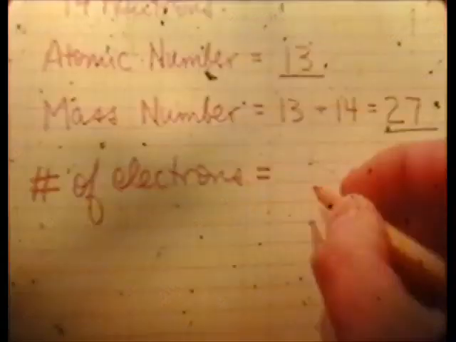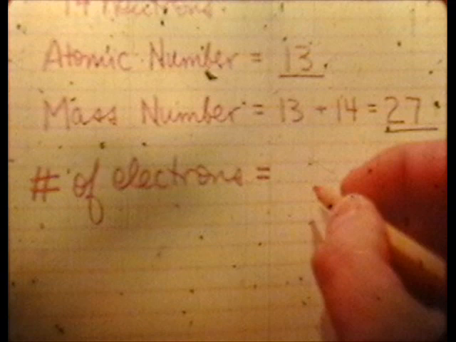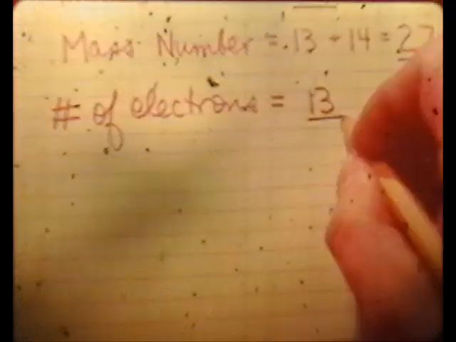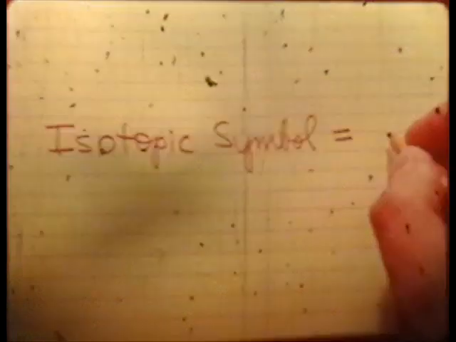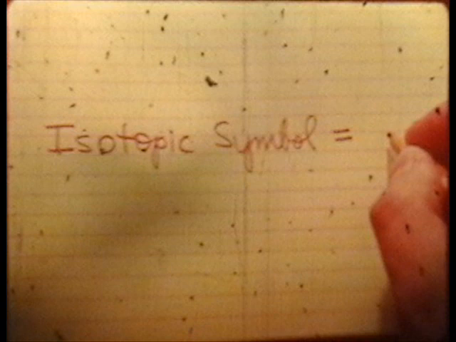How many electrons would be present outside the nucleus? Since the atom is neutral, 13 protons require an equal number of electrons, or 13 electrons. Now see if you can write the complete isotopic symbol for this isotope of aluminum.